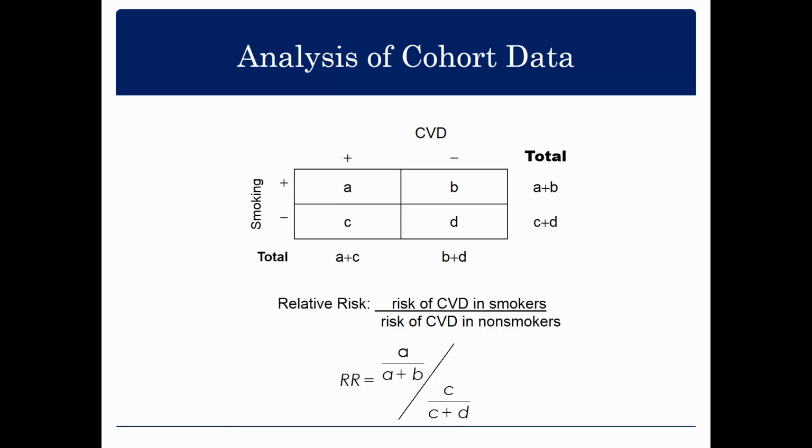If the relative risk is close to 1, that's evidence that they're very similar in risk of developing the outcome. So it's evidence of no association between the exposure and outcome. If the number is significantly greater than 1, then that would tell us that there's increased risk of cardiovascular disease in smokers.